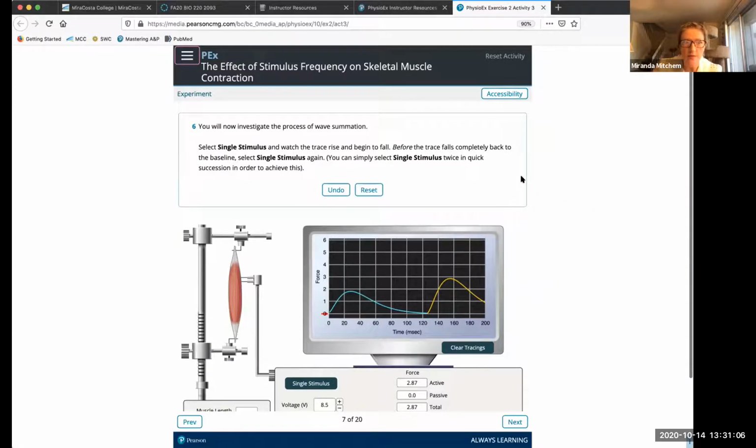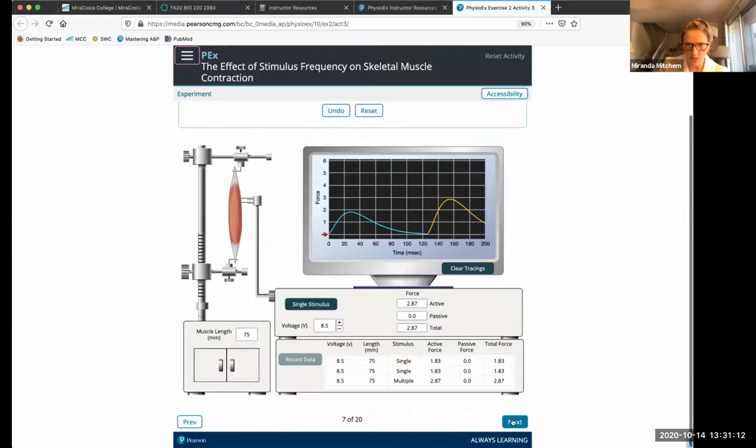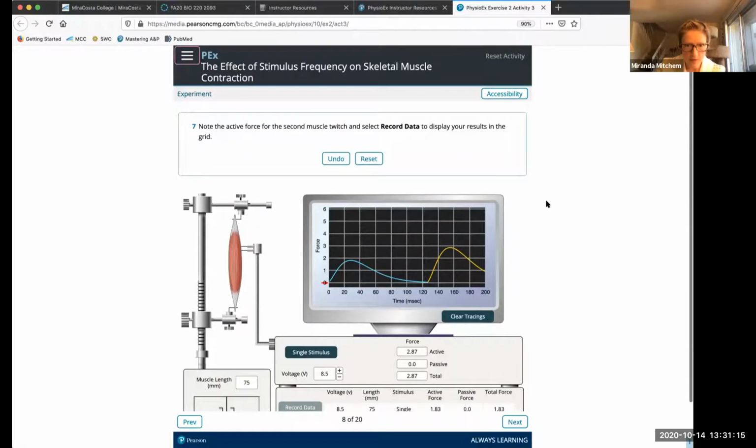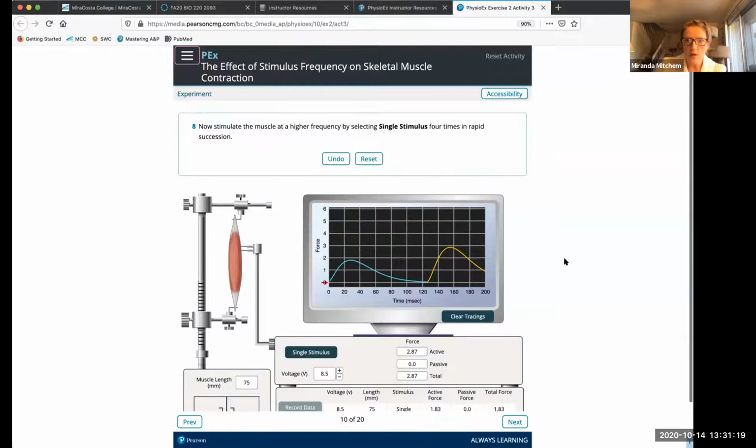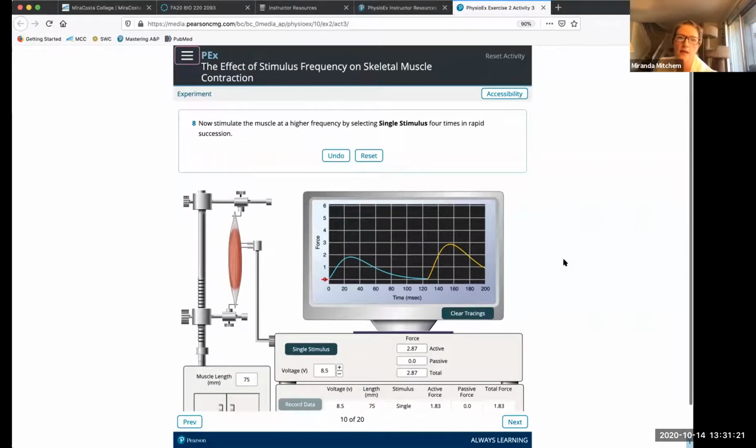Let's see, we're going to select single stimulus and watch the rise and fall. These are the same instructions we just did. Let's move forward. Okay, so now we're going to stimulate the muscle at a higher frequency by hitting that single stimulus 4 times in rapid succession.